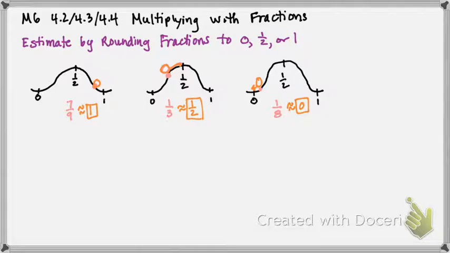The reason why we use this is because you want to give yourself an idea, when you're multiplying, of whether your answer is going to be close to 1, close to half, or close to 0.